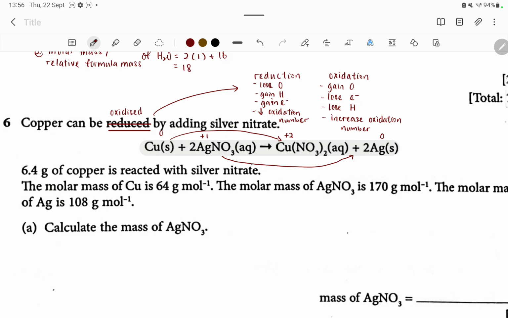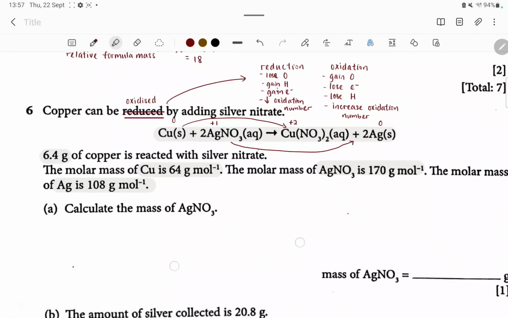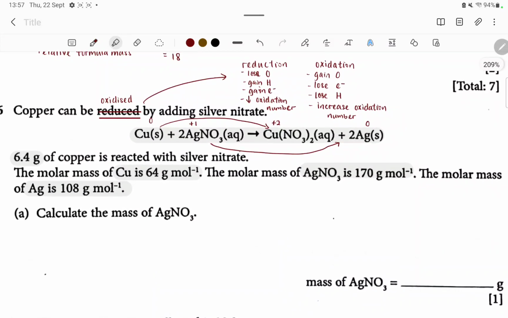Okay, 6.4 gram of copper is reacted with silver nitrate. Molar mass of Cu is 64 gram per mole. Molar mass of AgNO3 is 170 gram per mole. Molar mass of Ag. And then they ask you to find the mass of this one.